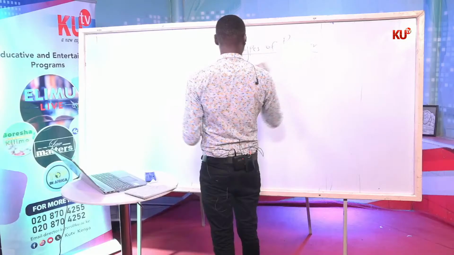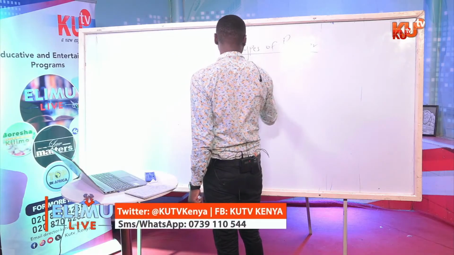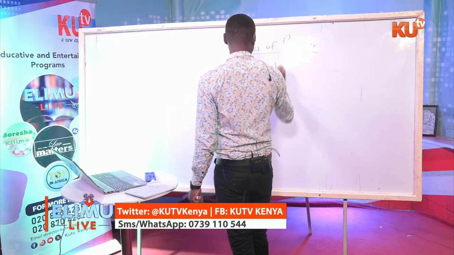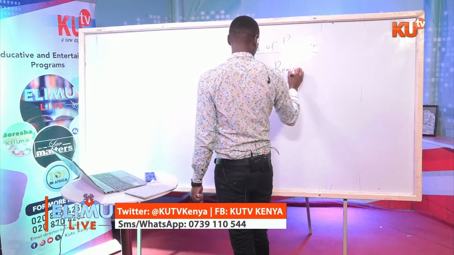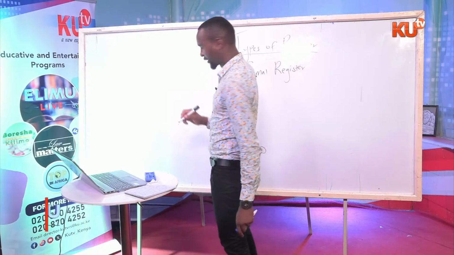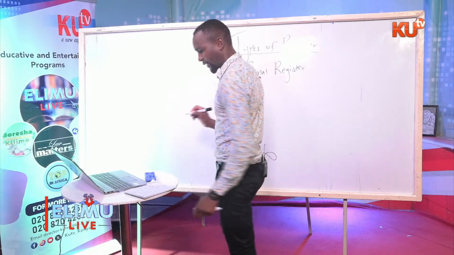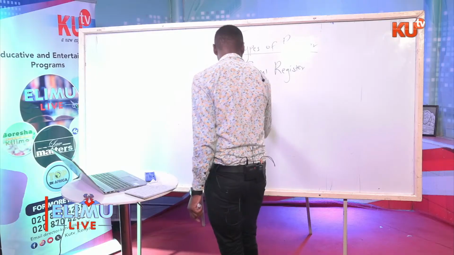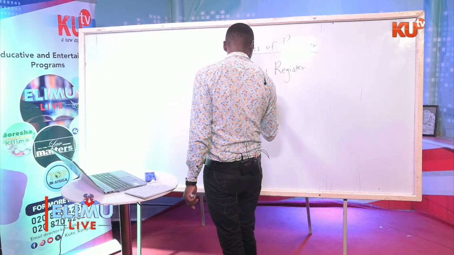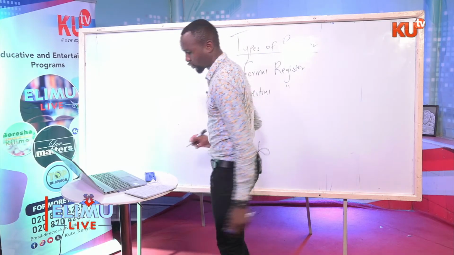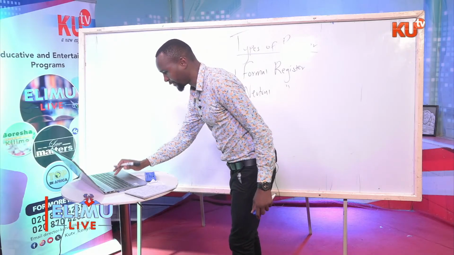Number one, we have the formal register. Let me list them, then we discuss one by one. You have the neutral register and the informal register.